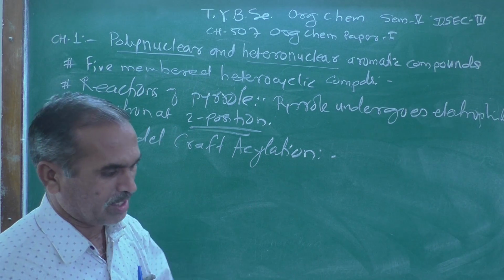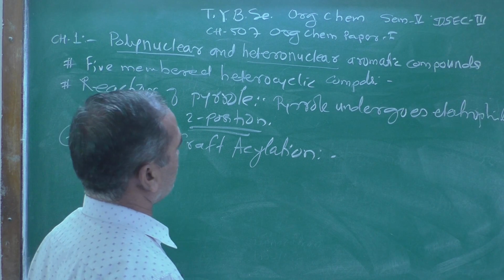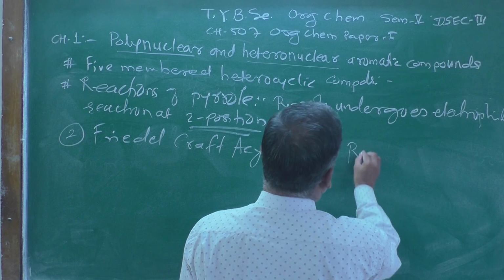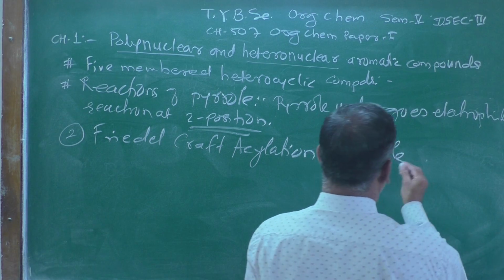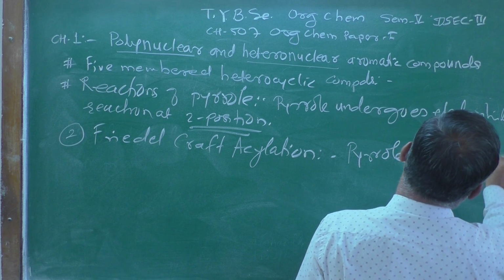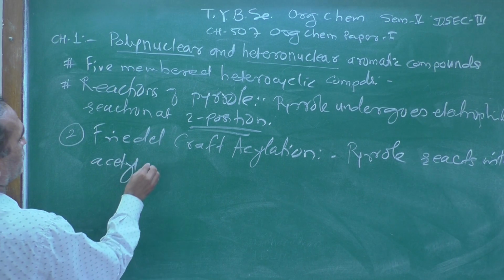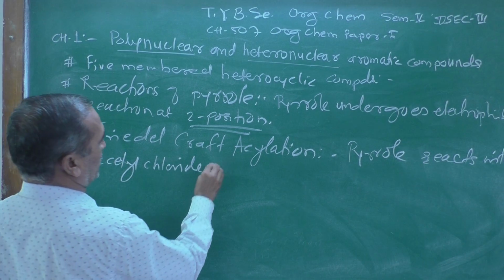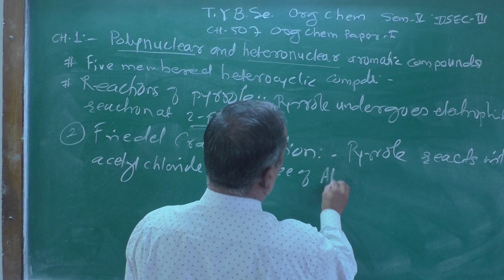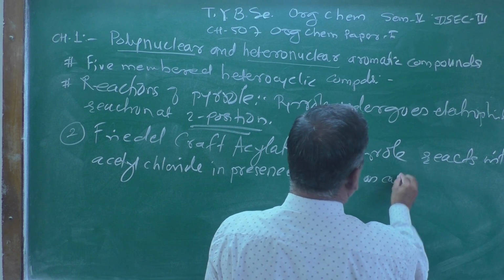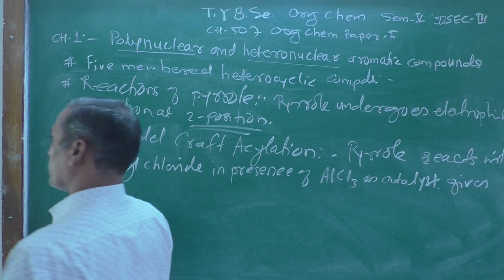Similar to the case of furan, which we have seen, the same reaction takes place, and in the same way pyrrole reacts with acetyl chloride in presence of AlCl3 as a catalyst and gives 2-acetyl pyrrole.